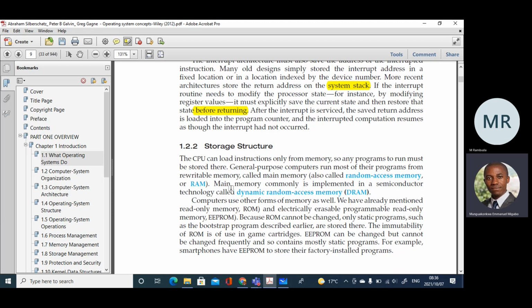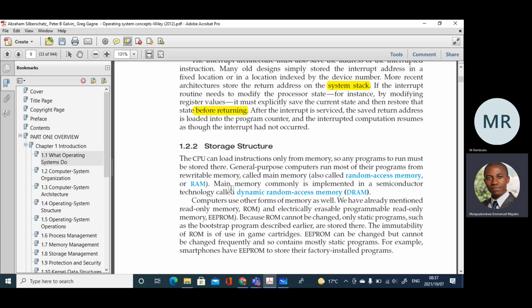Main memory commonly is implemented in a semiconductor technology called dynamic random access memory. So it's mostly DRAM that is used in most computer systems. Unlike SRAM, which is static, DRAM is built upon active components, which are in this case MOSFETs.